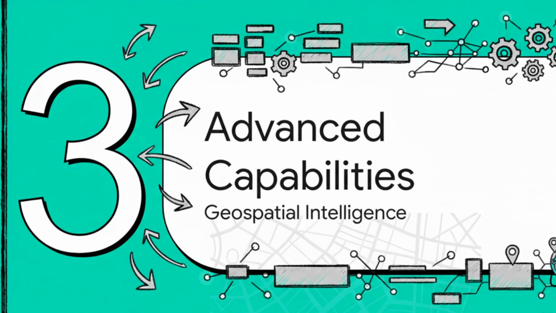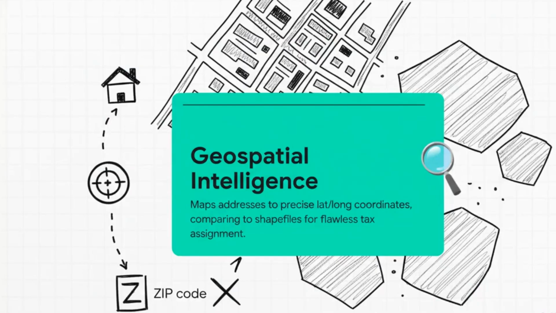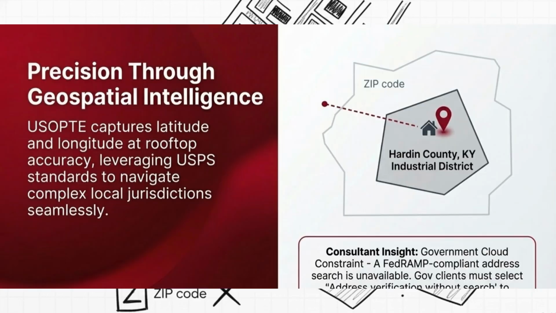Okay, now let us explore the most powerful and transformative features that the USOPTE solution introduces. And these go far beyond just bringing the tax engine in-house. This is where things get really interesting. The true superpower of USOPTE is its rooftop-accurate geospatial intelligence. The old Vertex model relied on zip codes, which, as many of you know, was a huge problem when a single zip code crossed multiple tax districts.